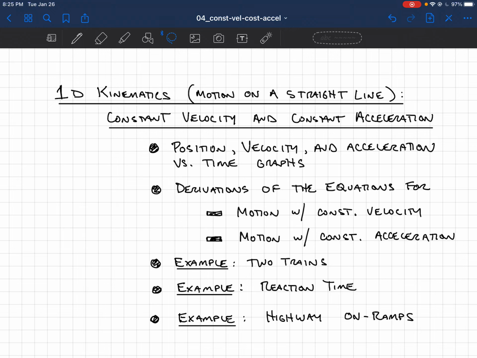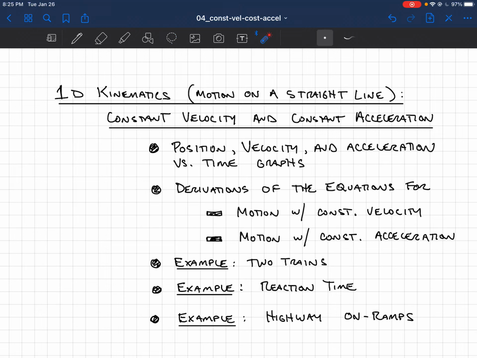And we'll continue this in another lecture where we consider the case of free fall. It turns out that objects falling near the surface of the Earth, and falling could mean going up or going down, obey constant acceleration downward due to gravity. We'll come to that next time.